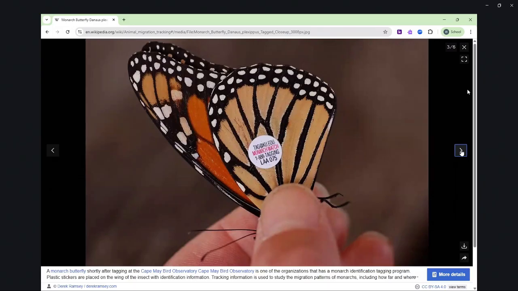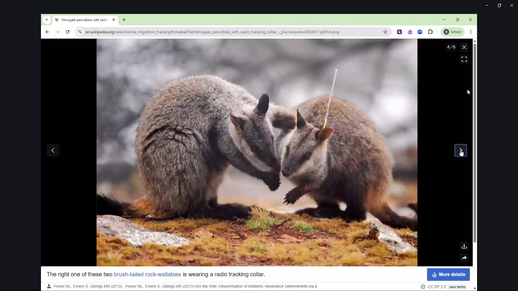This one here has a monarch butterfly, and it's been tagged. A plastic sticker is placed on the butterfly, and it's used to study migration patterns of monarchs, which have been interrupted by global warming, climate change, etc. You'll see there that little brush-tailed rock wallaby, that would be in Australia, or that part of the world anyway.